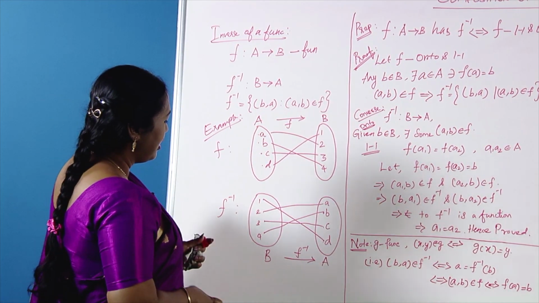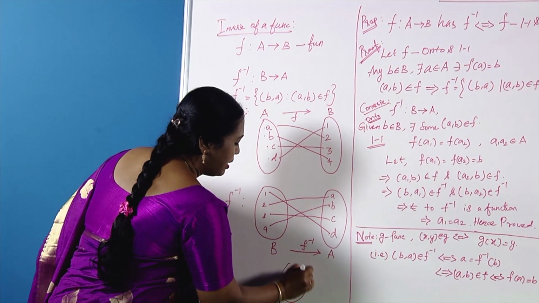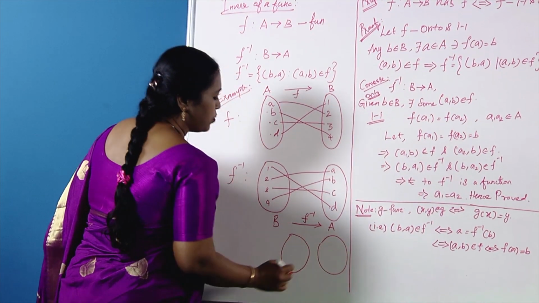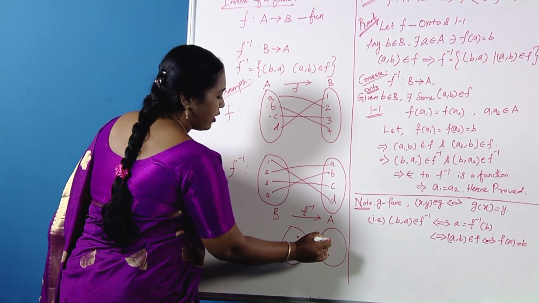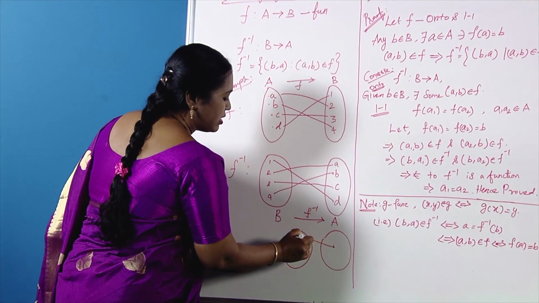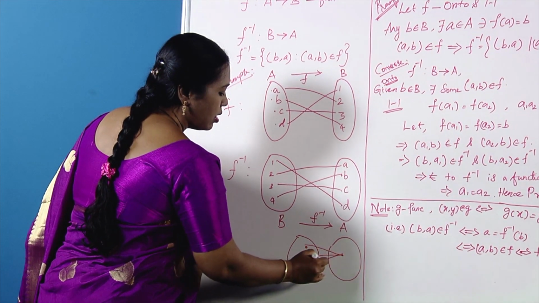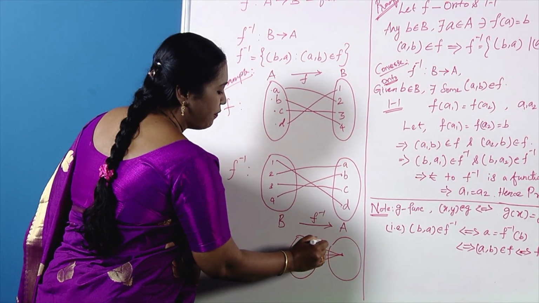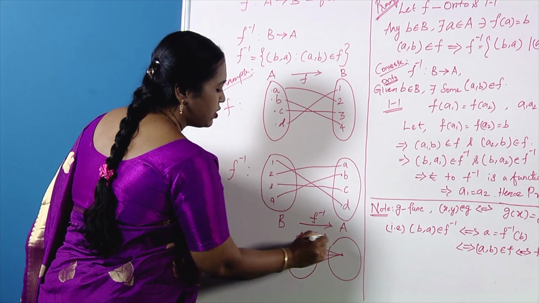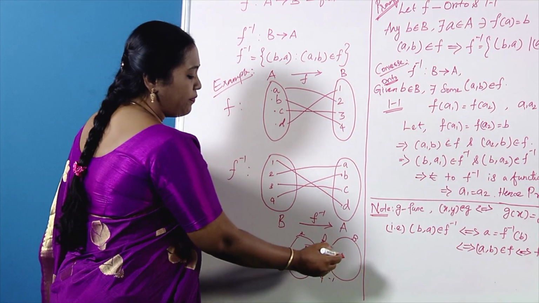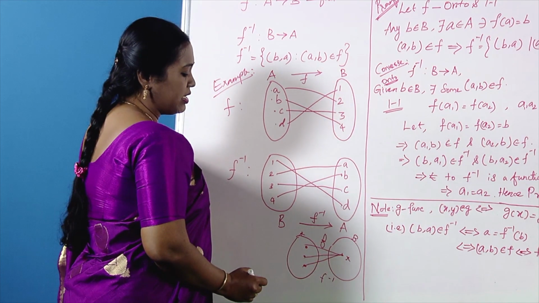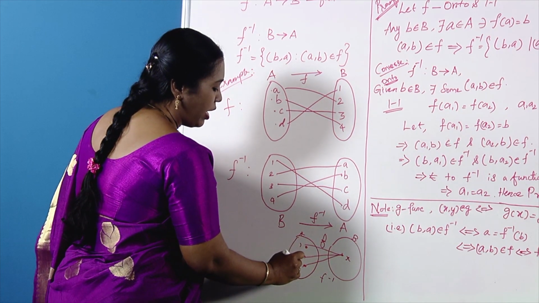For example, if A and B were not 1-1 and onto, there could be elements that are mapped like this. If this is f going from A to B, then what would be f inverse? Say this is x and these are 1, 2 and 3.